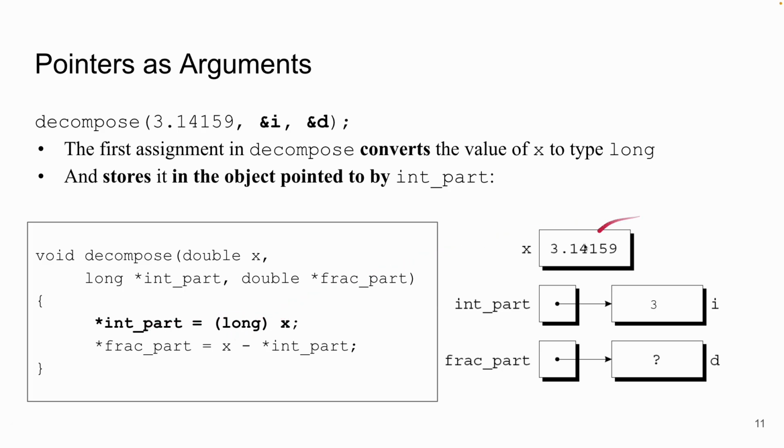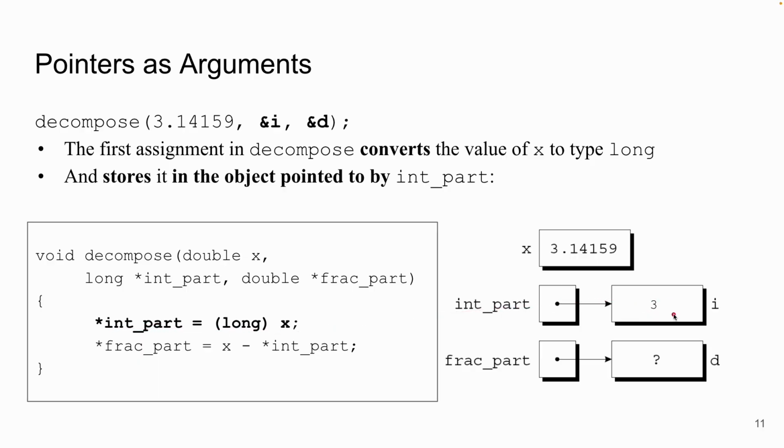And we know that the value of x is like this. And if we convert this floating point value into type long int, it will just remove all the fractional part, only keep the integer part. So that is why the value stored inside i after the first statement is 3.